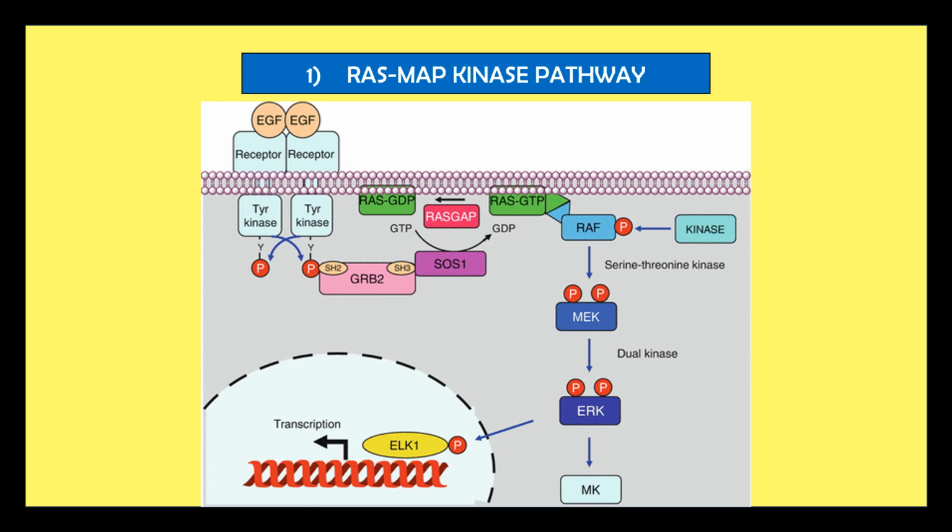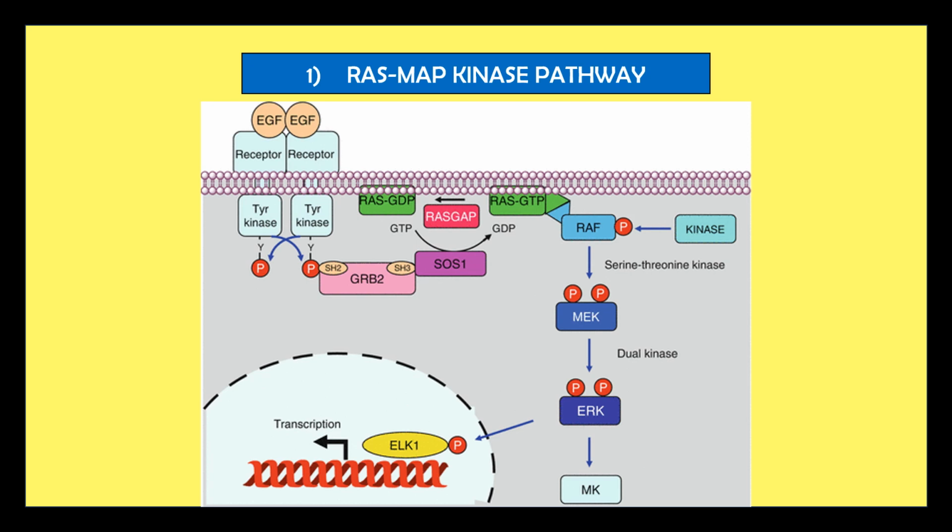The interaction of the RAF N-terminal regulatory domain with RAS-GTP leads to activation of RAF kinase activity, and the hydrolysis of RAS-GTP to RAS-GDP releases active RAF, which phosphorylates and thereby activates MEK.